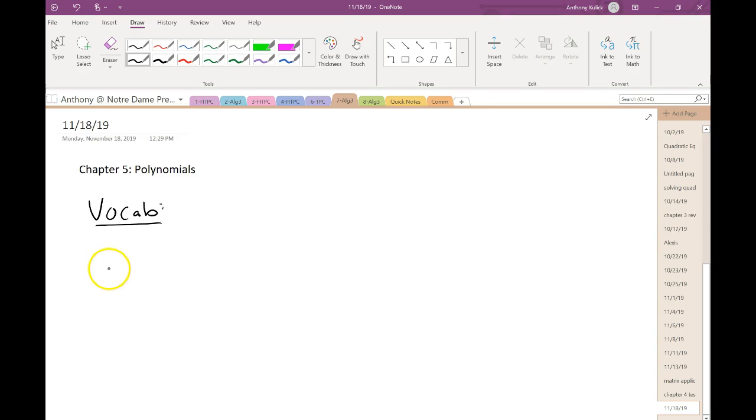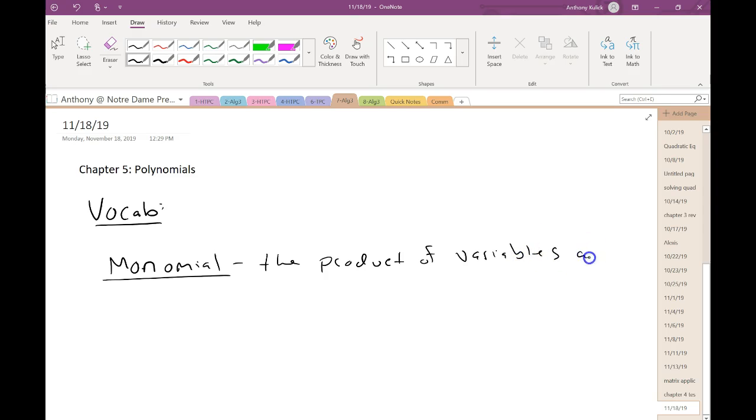So we'll start first with the term monomial. So a monomial is just the product of variables and constants.